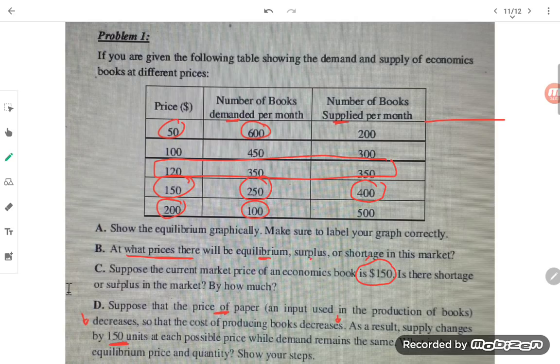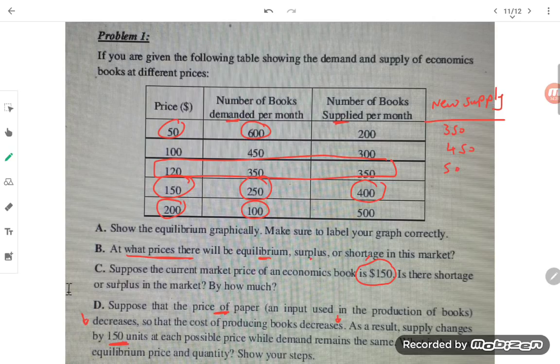So we have to find the new supply curve. New supply is the old supply plus 150 at each price level. So at price 50, quantity supplied was 200. Now we are going to add 150, so it will be 350. At 100, it will be 450.